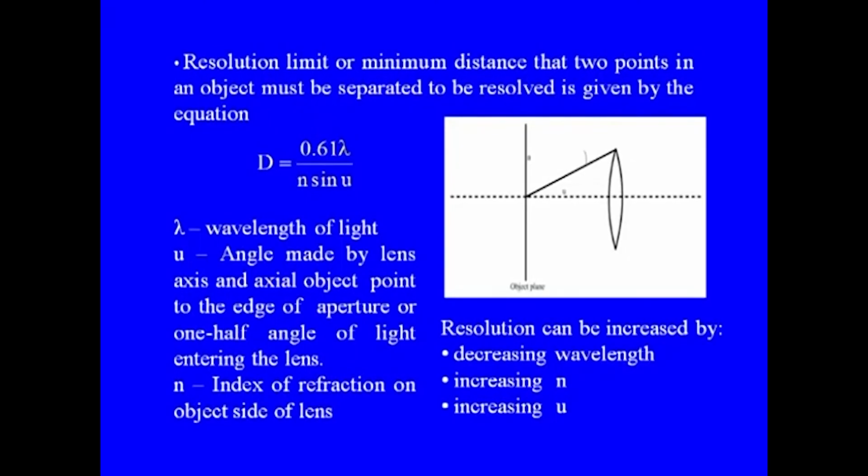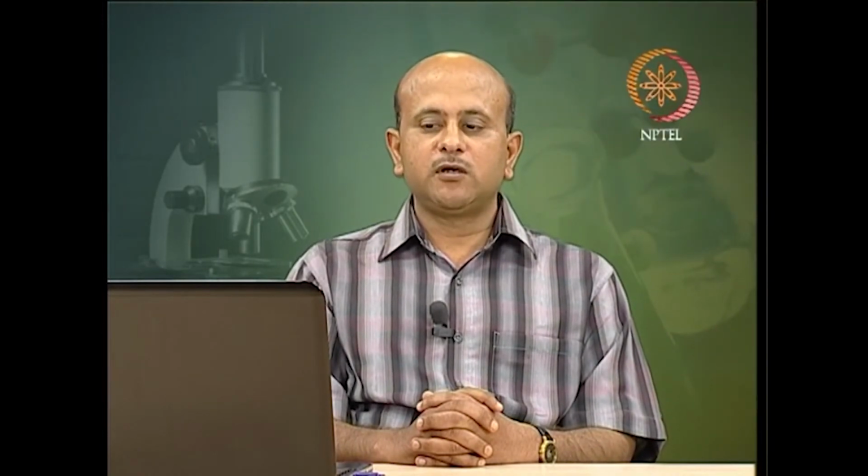Now, resolution can be increased by decreasing wavelength. One has to understand that as d decreases, we say resolution is increasing. So, d has to decrease in order to increase the resolution. If you decrease the wavelength, d will decrease and hence the resolution will increase.